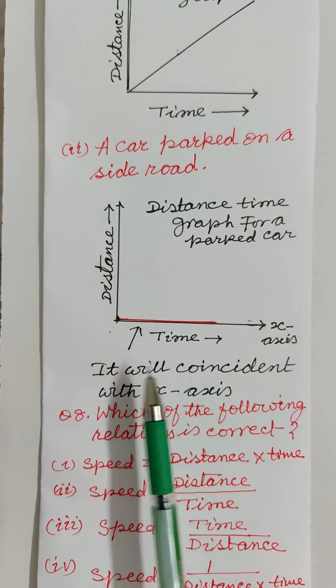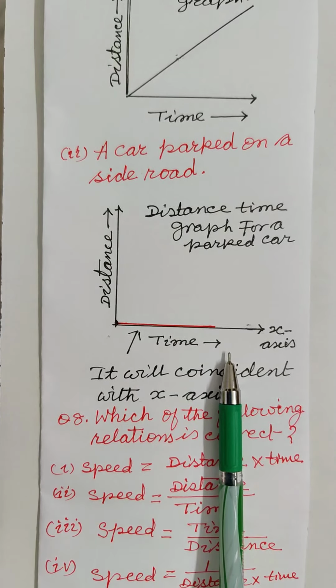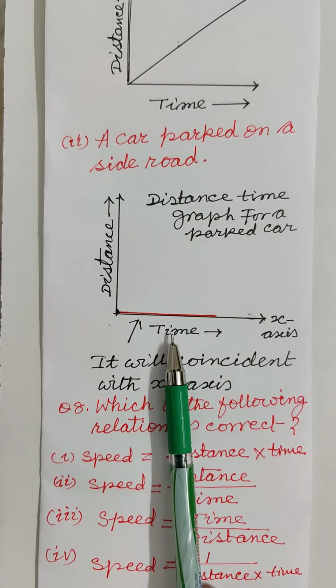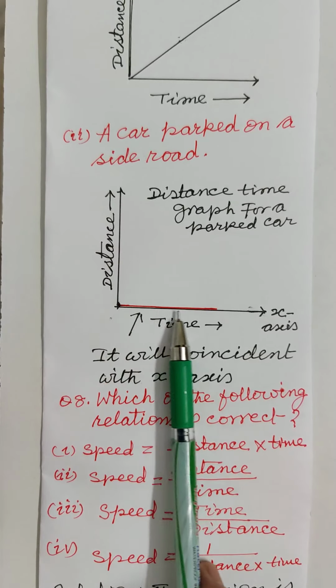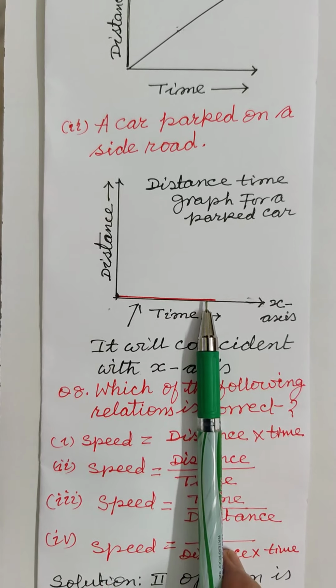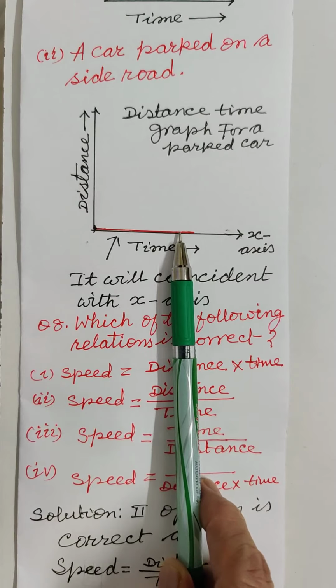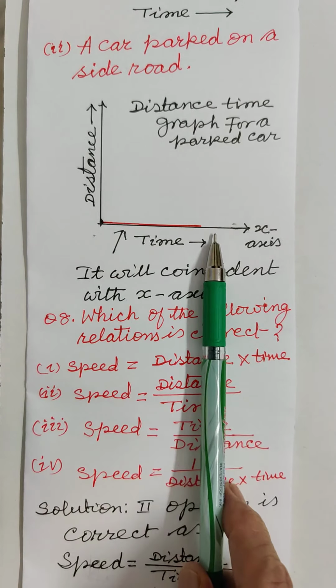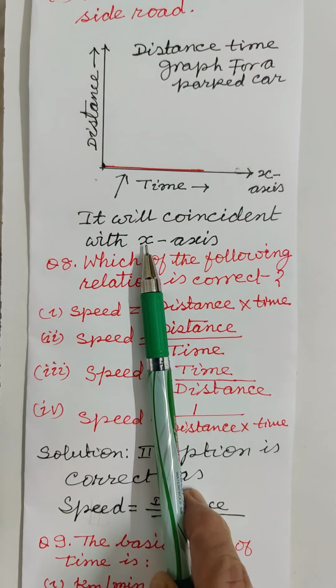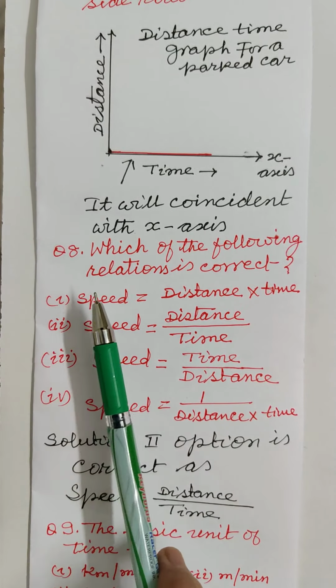Distance is on the y-axis and time is taken on the x-axis. Now the car is parked, so there is no change in the distance of the car with respect to time. So this way it will be on the x-axis. It will coincide with the x-axis, we can say.